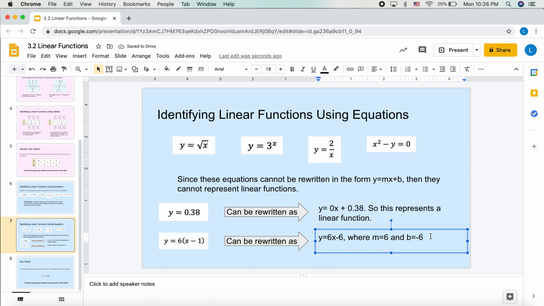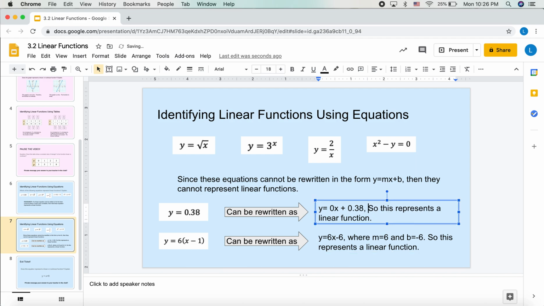These are both constants, meaning this is in the correct form of y equals mx plus b. So this also represents a linear function. And if it helps you that I labeled what m and b are, I can do the same thing here. So y equals 0x plus 0.38, where m equals 0 and b equals 0.38.